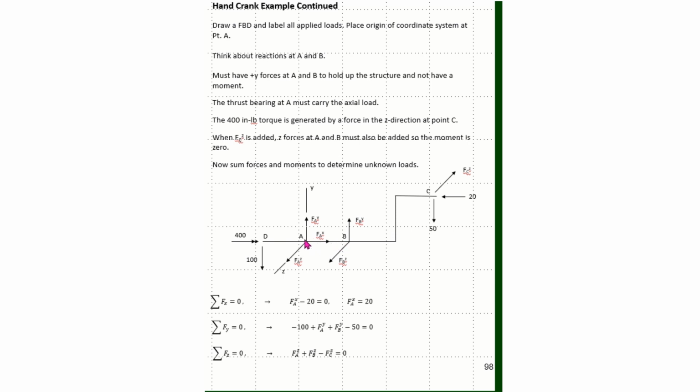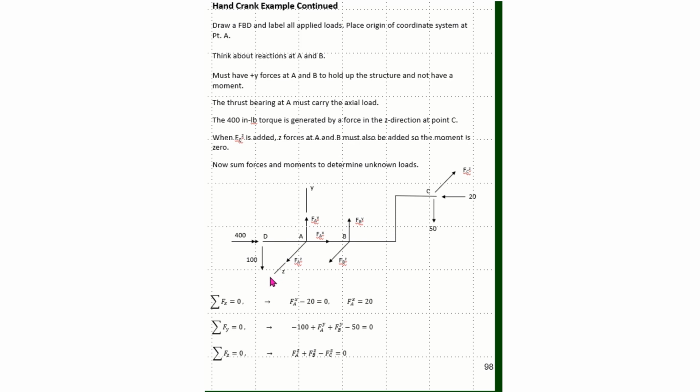I'll pick bearing A because more values will be in the positive X direction than they would be if I picked bearing B. So we will locate our coordinate system here at A. X will be in this direction, Y will be going vertical as shown, and Z will be positive coming out of the page as shown here.